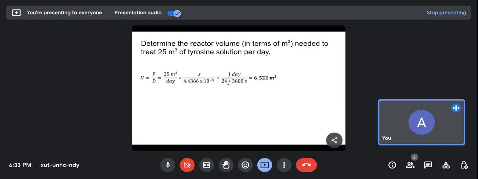So that is one day is equal to 24 hours into each hour is equal to 3600 seconds, right? So that is the conversion factor divided by the dilution factor, which is 4.4366 into 10 to the power minus 5 per second. Okay. So you get the reactor volume needed to treat 25 meter cube of tyrosine solution per day to be 6.522 meter cube. Right?